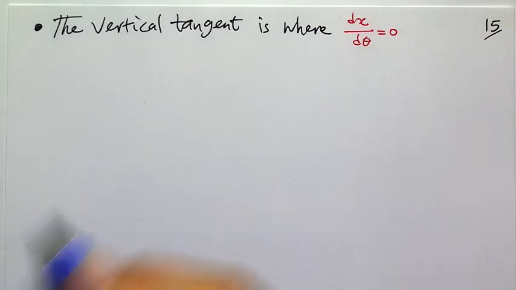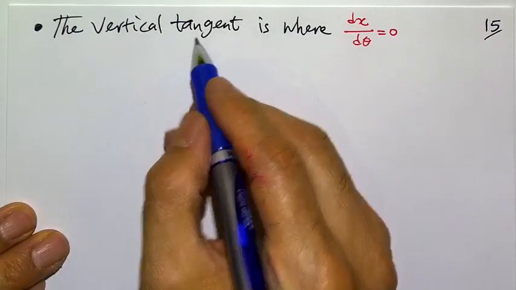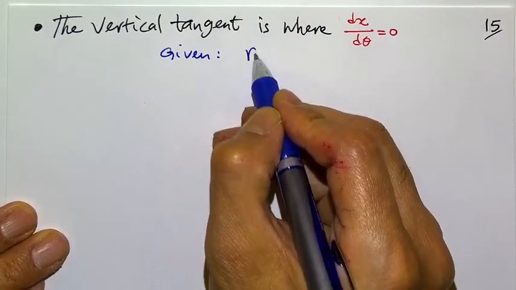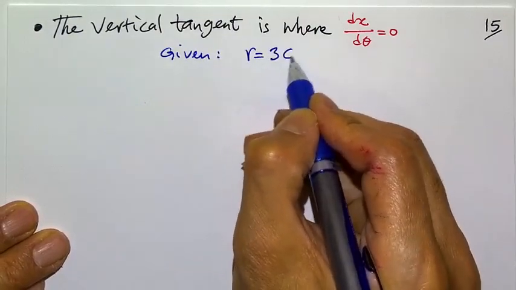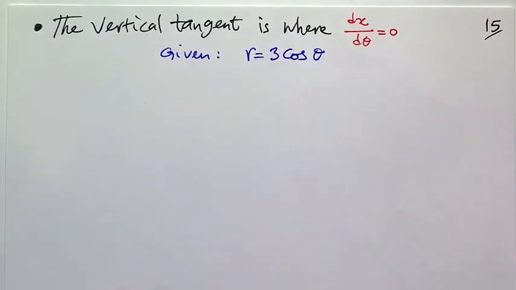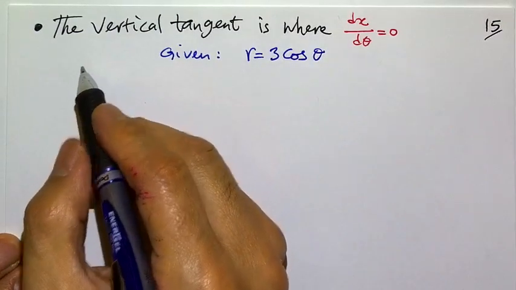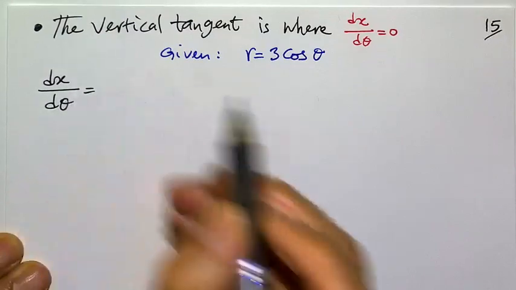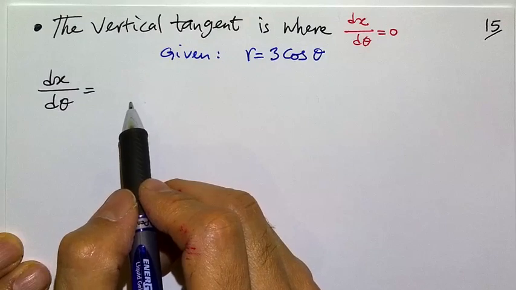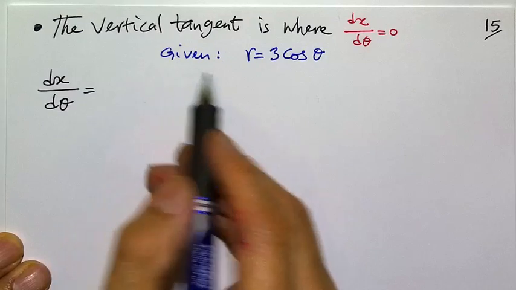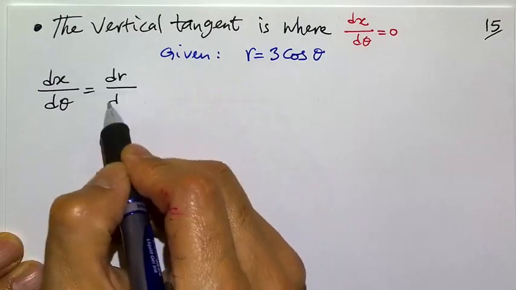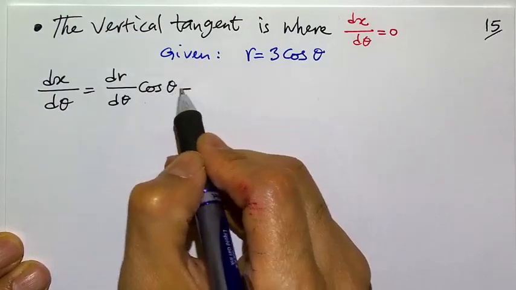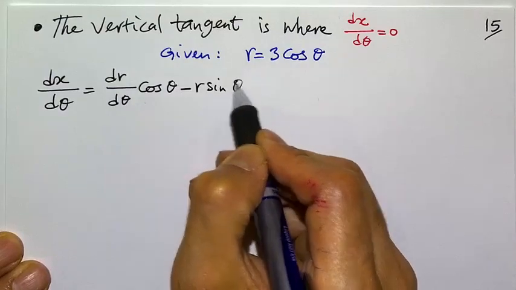Since we need to have that in front of us, this is our polar equation. Given r equals 3 times cosine of theta, we have then dx d theta is dr d theta times cosine of theta minus r times sine of theta.